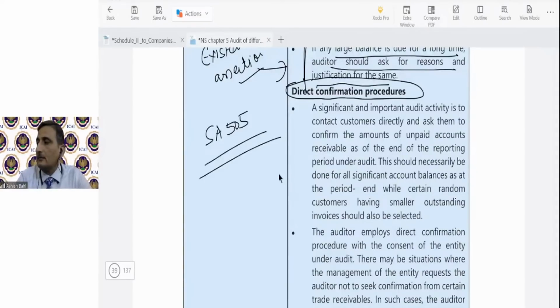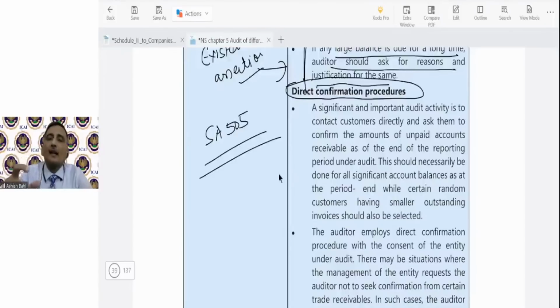Okay. So in respect of account balances, these four assertions are tested. Zaida, accuracy is an assertion in respect of class of transactions. Clear to you?